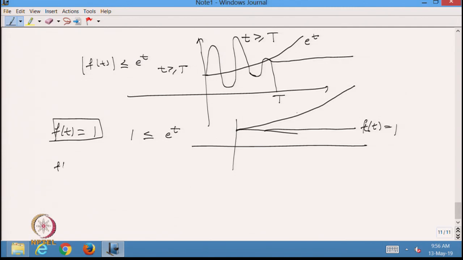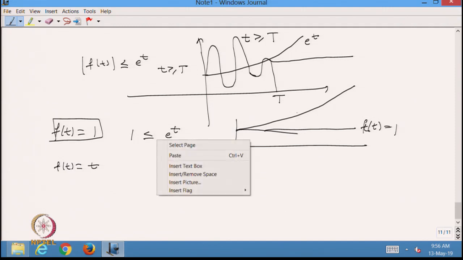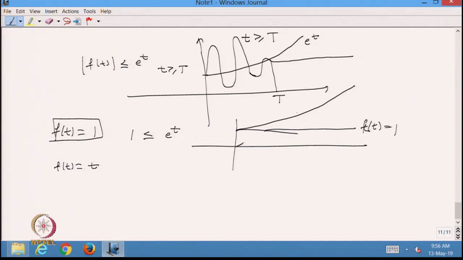Or I can take my f t equal to t. In that case the function is like this, and it is always below the exponential e raised to power t. Or I can choose my function sin t or cos t, and its maximum value is 1, so it is always less than this one.